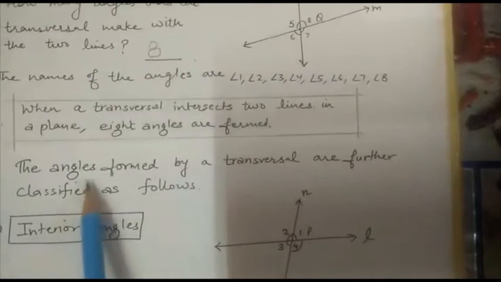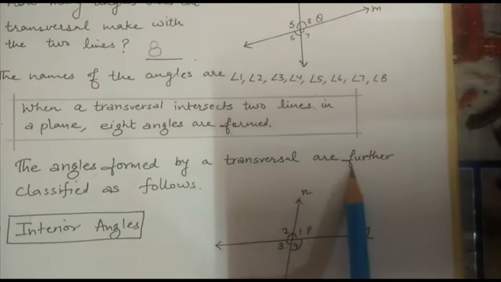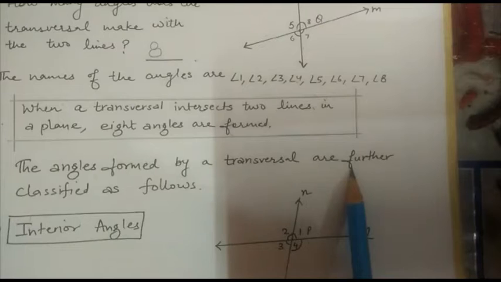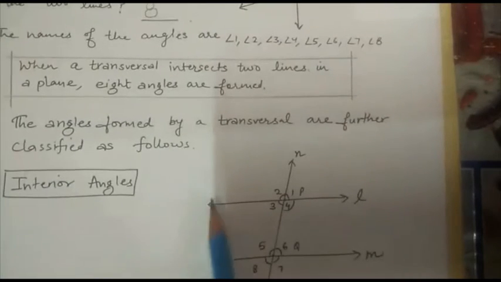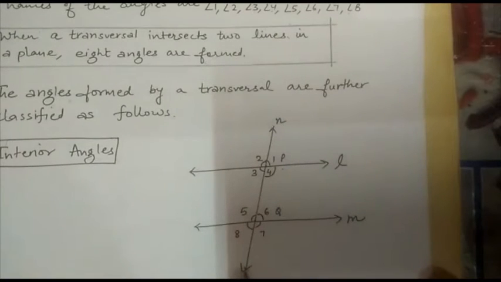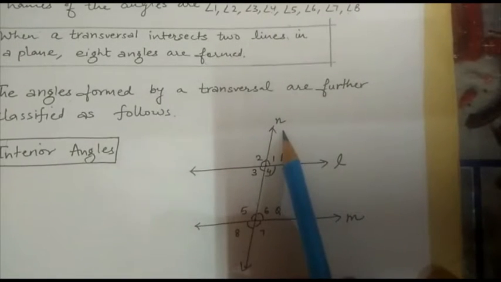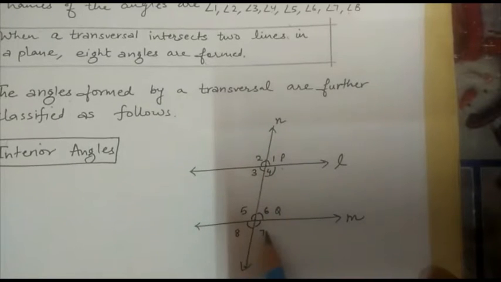Now the angles formed by a transversal are further classified as follows. Observe here, I have drawn once again two lines and one is intersecting these two lines, that is the transversal line. Again 8 angles are formed here.